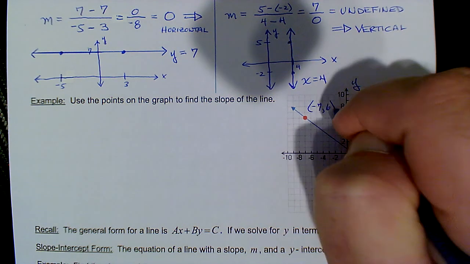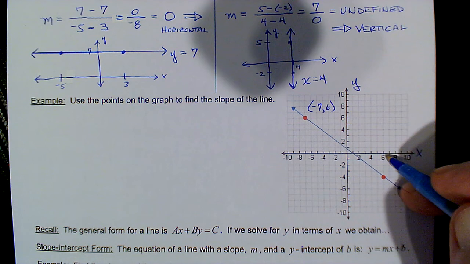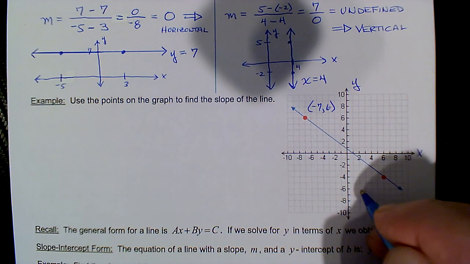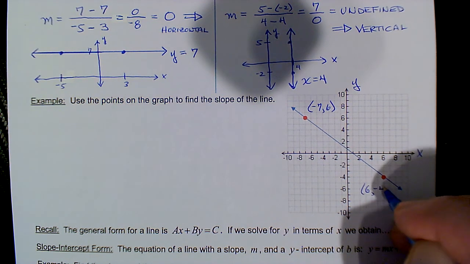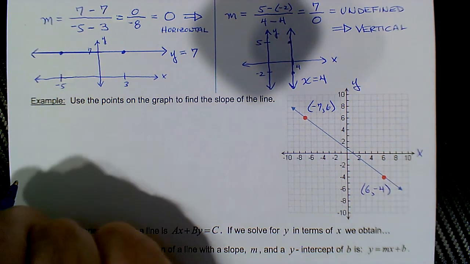And we have y2 is -4, minus y1 is 6, over x2, which is 6, minus x1, which is -7.